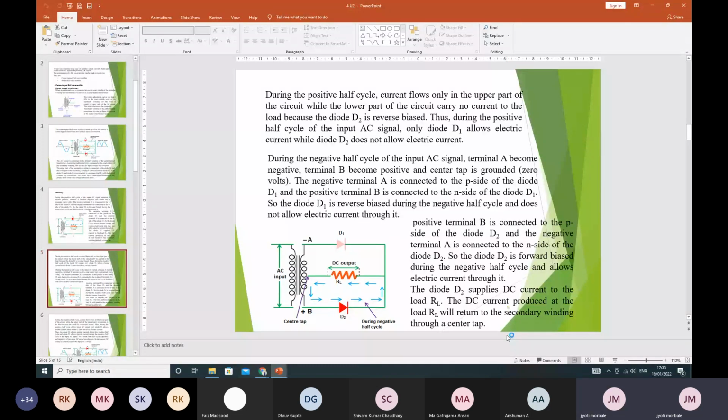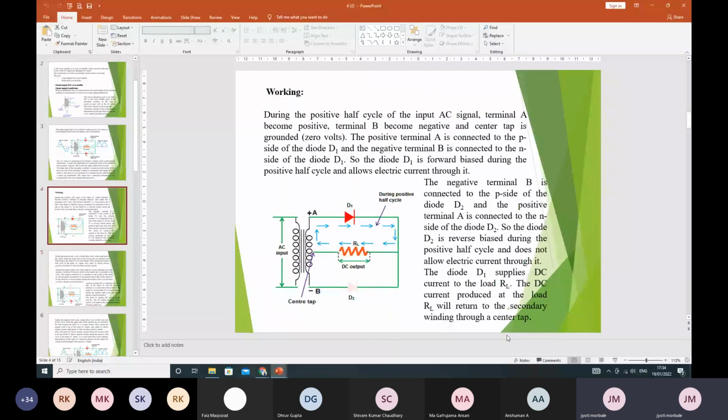Now in the negative half cycle also, the direction of flow of current through the load resistor remains the same as the flow of current for the positive half cycle. For example, let's go back to the previous PPT. In this, for the positive half cycle, current flows through the load resistor from right side towards the left side. Look at the direction of the arrow.